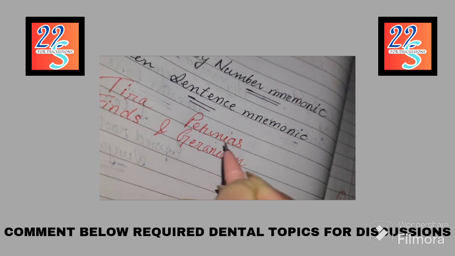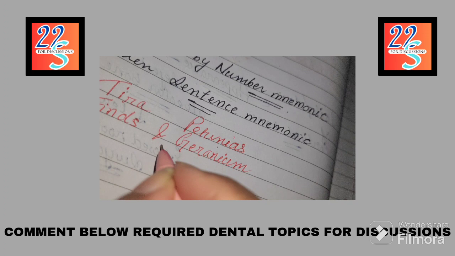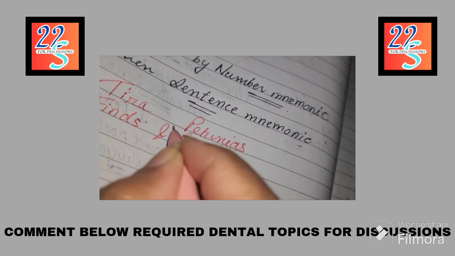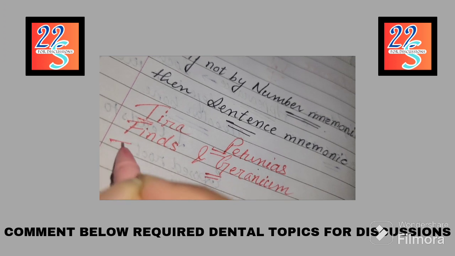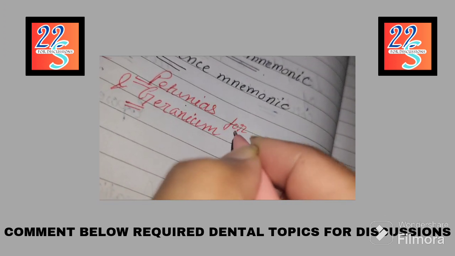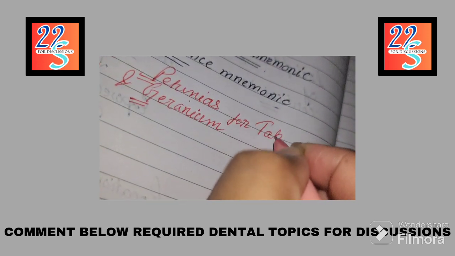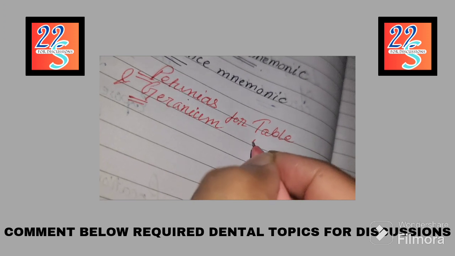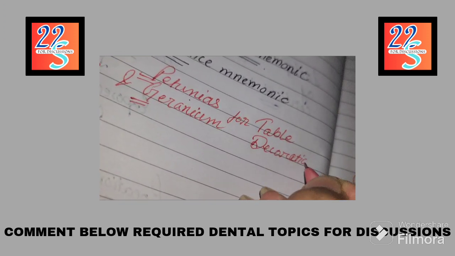For, don't consider that for, because it's just for the sentence build-up. Tira finds petunias and geranium. So you can see the T and F and the P and G. Table decoration. So you can just remember this sentence.